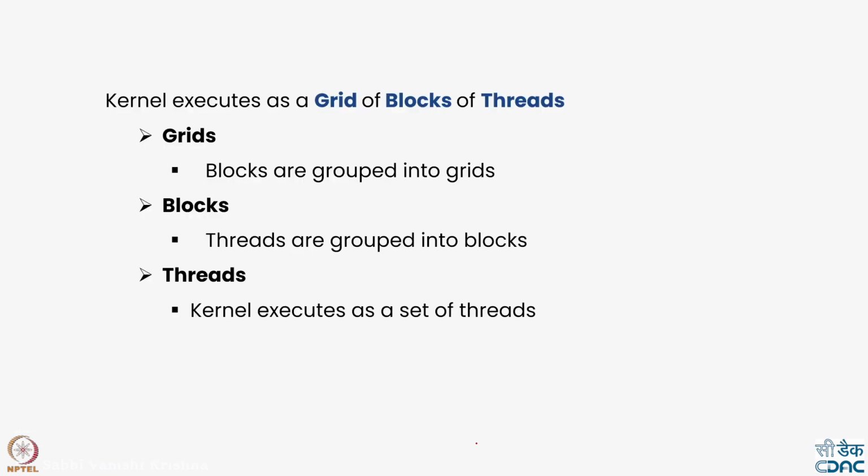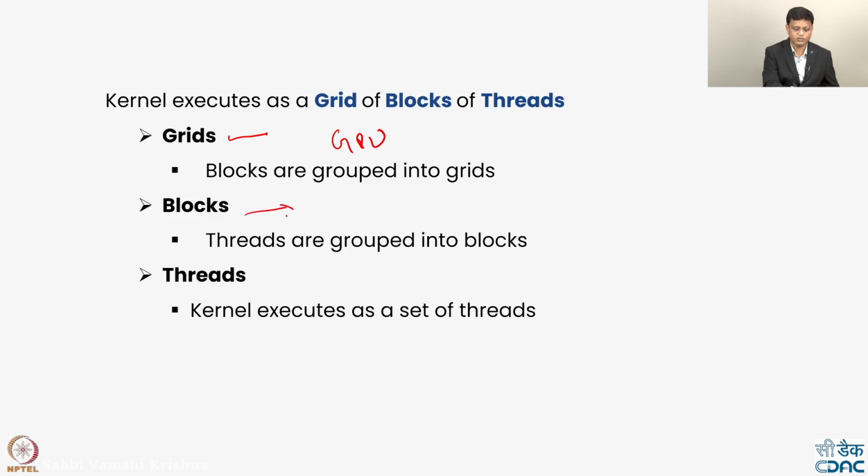So, let us discuss this topic. The kernel executes as a grid of blocks and blocks of threads, as I just discussed. At the very highest level there are grids, mapped on the GPU. A grid is nothing but a group of blocks.